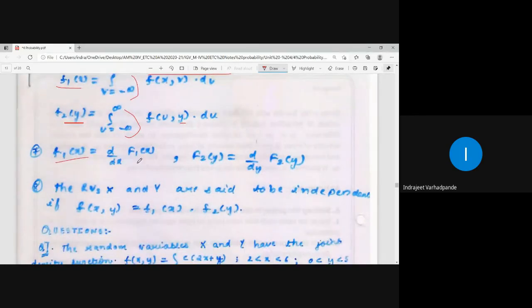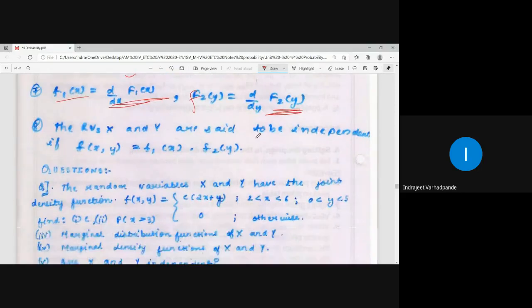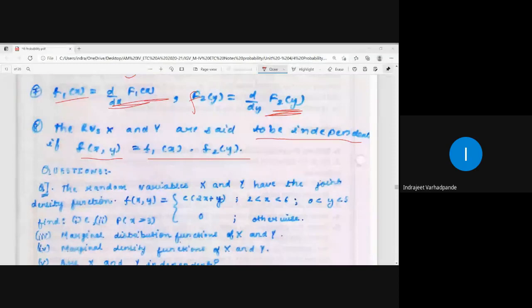Small f1 of x is the derivative of capital F1 of x, small f2 of y is the derivative of capital F2 of y. Random variables are said to be independent when f of xy is equal to the product of f1 of x and f2 of y. What are these f1 of x and f2 of y?